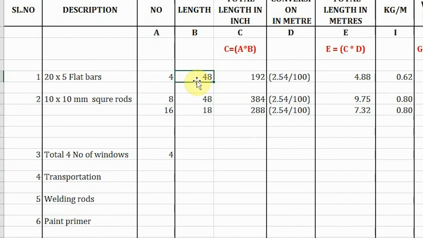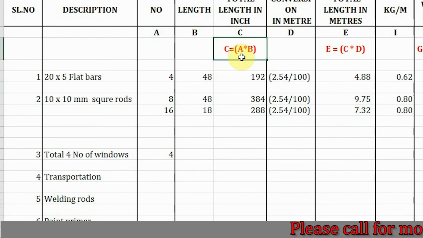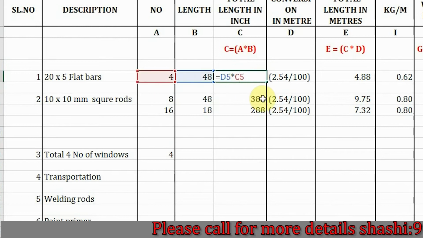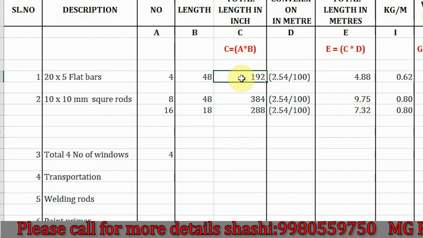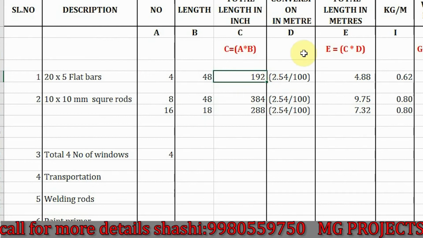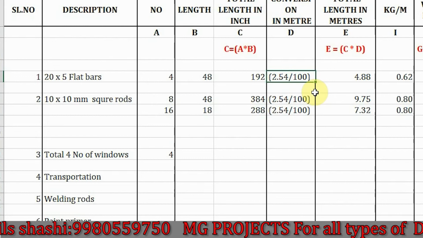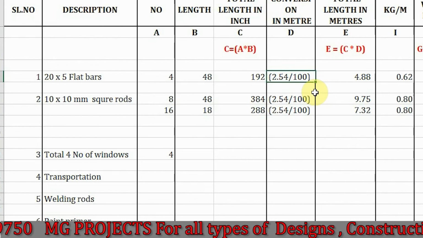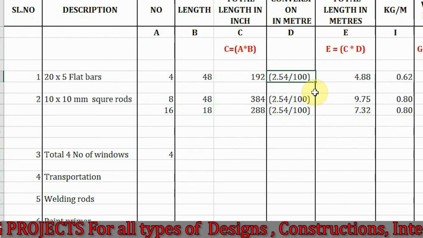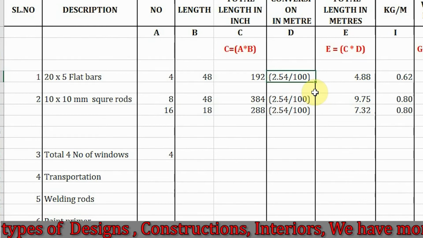Don't forget this: it is in inches. The formula is given here: C is equal to A into B. Now this is 192 inches, and I have to convert it into meters. 1 inch is equal to 2.54 centimeters, and per meter is 100 centimeters.